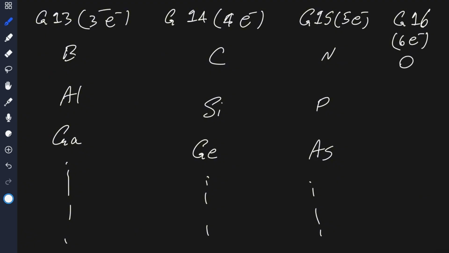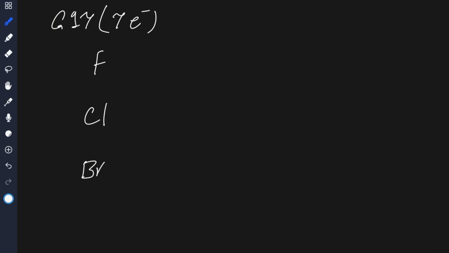Oxygen, sulfur, selenium, and etc. Group 17, the halogens, have 7 electrons. Like fluorine, chlorine, bromine, iodine, and etc.